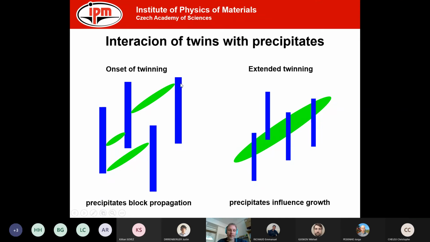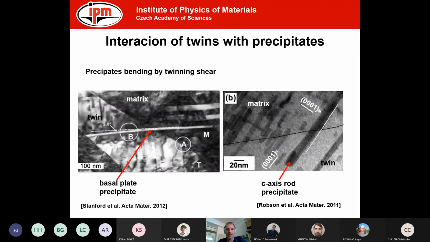But there can again be consecutive propagation behind the precipitates, and at the extended twinning, you can have twins that coalesce and create one twin that is much larger than the precipitates. And in that case, the precipitates can influence the growth of the twin, and the twin again can influence the precipitates, which was observed.